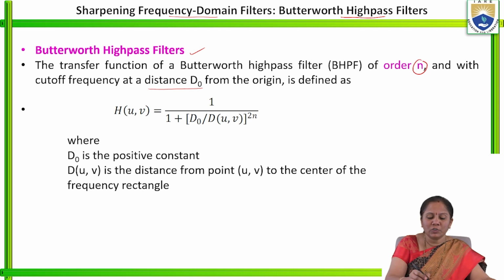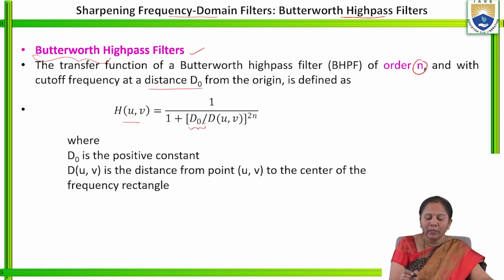The transfer function of this Butterworth high pass filter is given as H of u comma v equal to 1 by 1 plus D naught by D of u comma v whole power 2n.